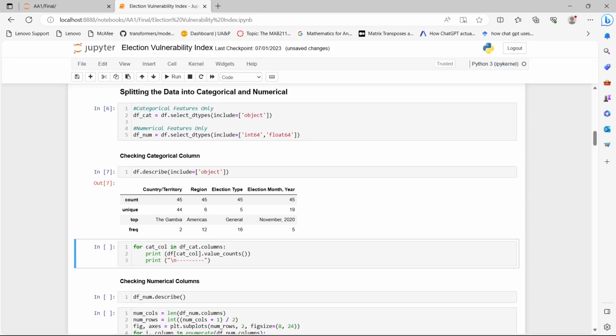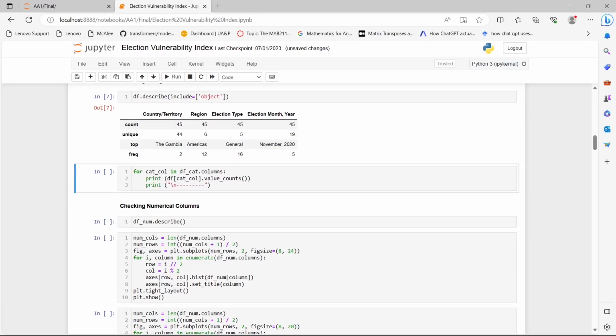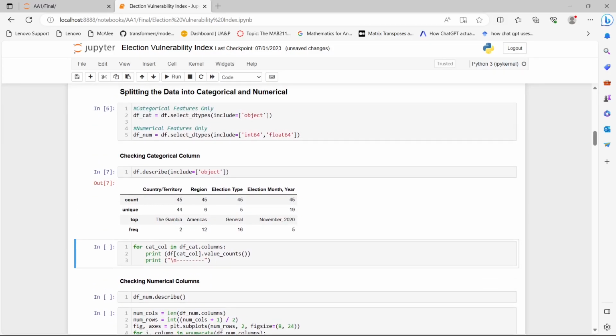For the region, it is Americas. Election type is general, which means that general elections are very universal in all countries. And the month that has the most number of elections is November 2020. That includes the year, November and 2020, so it must be November 2020.